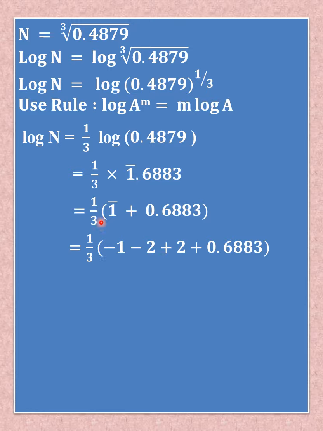Remember, the denominator is 3, so the characteristic must match it. If the denominator is 3, you need 3 here also. If 4, you need 4. If 5, you need 5. In this manner, the number in the denominator and the characteristic should be the same. And how do they become the same?